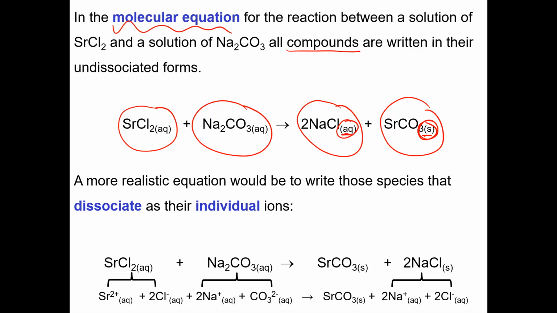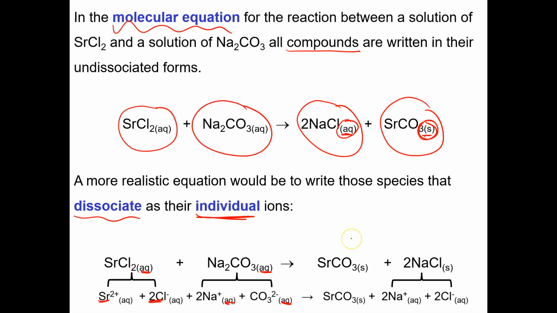A more realistic way and a more helpful way of writing what is going on here would be to write those species that dissociate as their individual ions. So rather than writing strontium chloride (aq), because the ionic compound dissociates when it's dissolved in water, we can write this as the individual ions. Similarly, rather than writing sodium carbonate (aq), we're going to dissociate this into the component ions that are actually present in the aqueous solution.